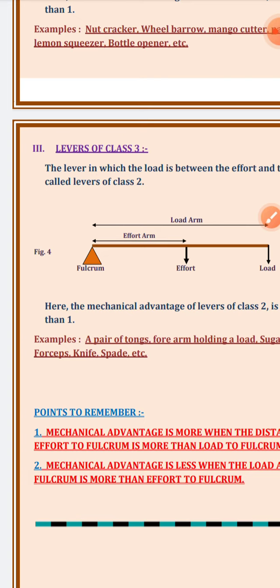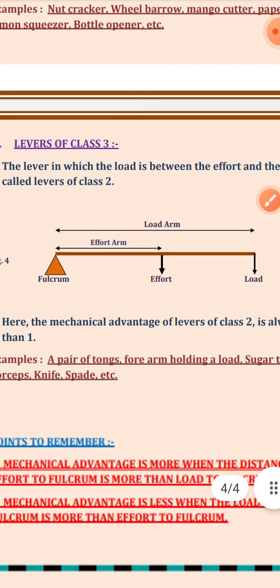Now how can we tell that it is our loss? Because as the load and the fulcrum are at the two ends, the effort can never reach a distance more than the load. So the greatest arm from the fulcrum will always be the load arm. Therefore here the mechanical advantage is less than 1 and thus it is our loss.